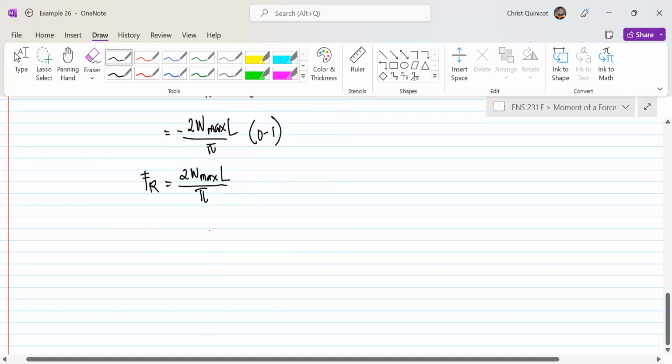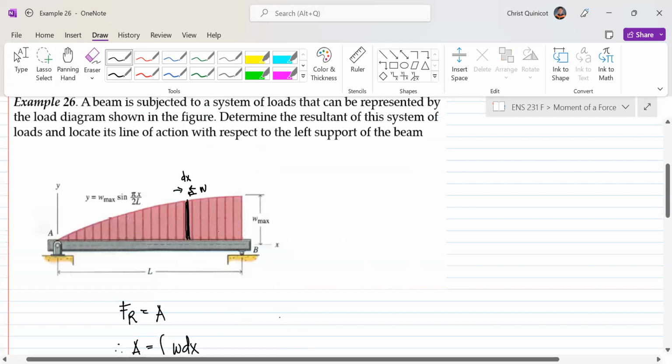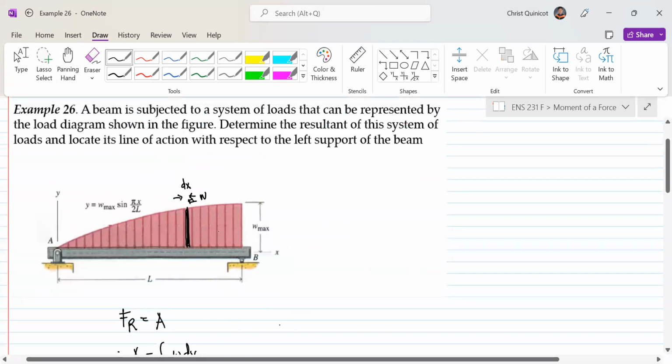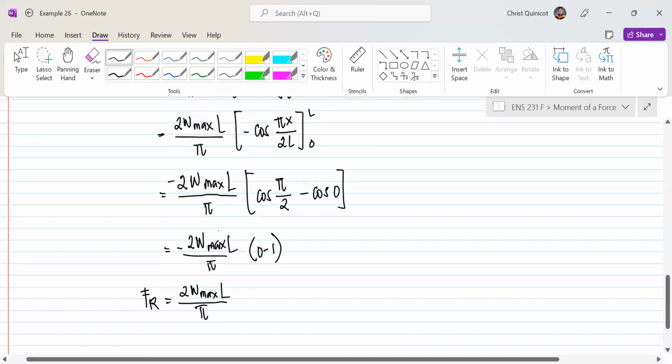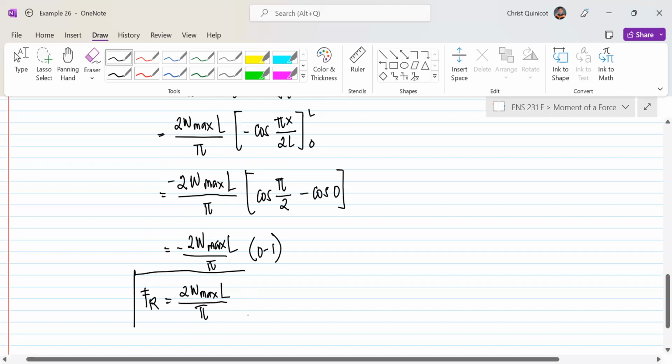That is now our resultant force. And its unit is not specified. So whatever value our loading w sub max is, and also the length provided, then we substitute that, we will be able to get our resultant force. So this is our F sub R.